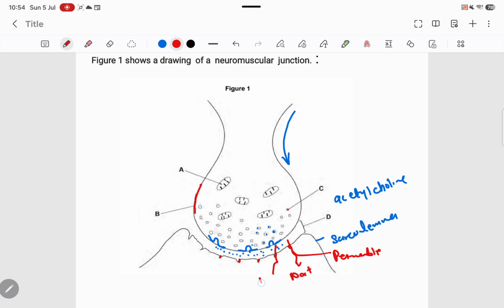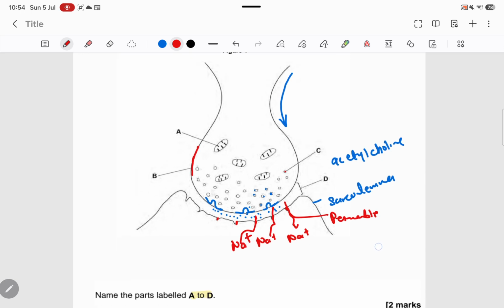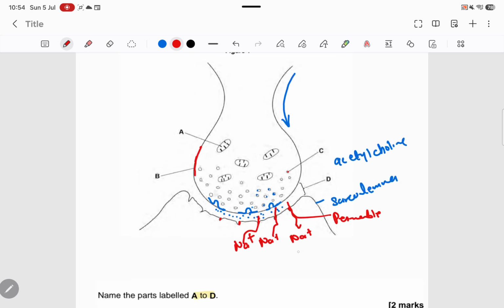So sodium ions rush inside, and when the sodium ions move inside, they cause depolarisation, or they generate the electric impulse.